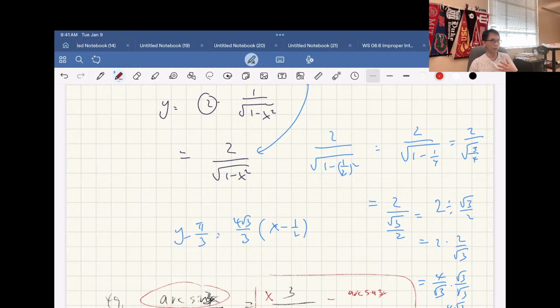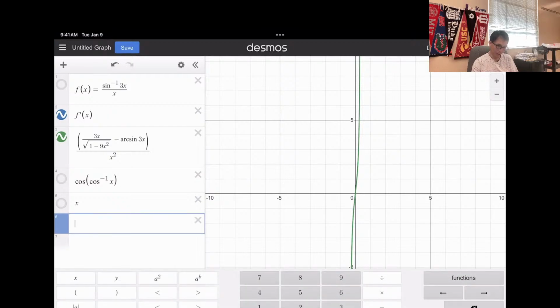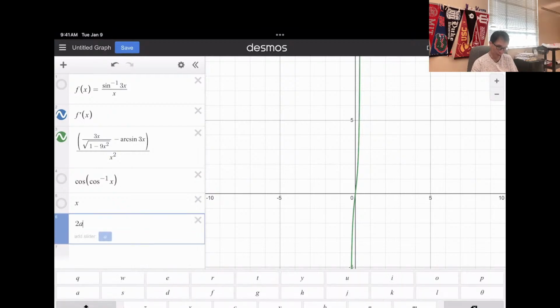You should see the equation of the tangent line. Okay, if you don't know how to do it, that's fine. I'll teach you. What was the equation? 2 arc sine of x. That's the function.